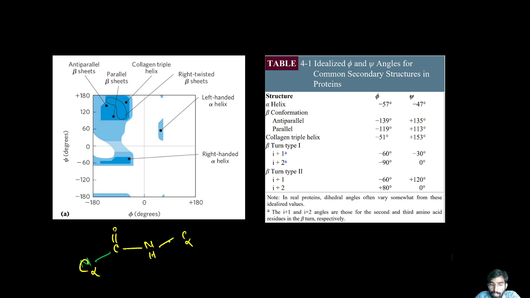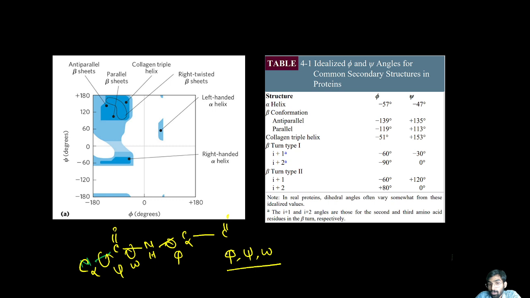The angle between N and C alpha is known as phi. The angle between C alpha and C is psi, and between C and N is omega. This is a peptide bond. The peptide bond is a partial double bond. All these things we know. Now these are dihedral angles: phi, psi, omega.